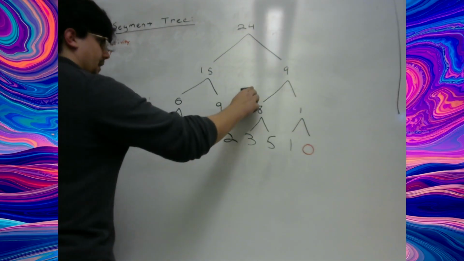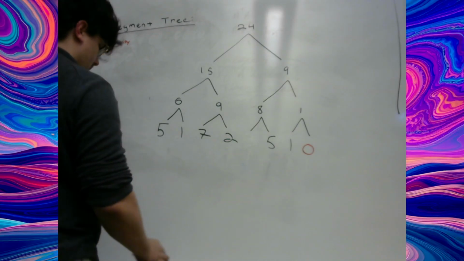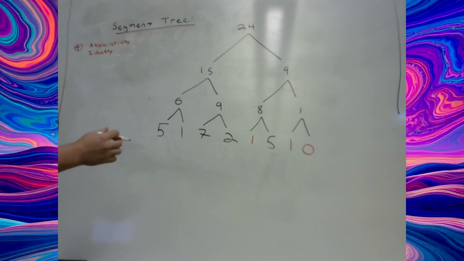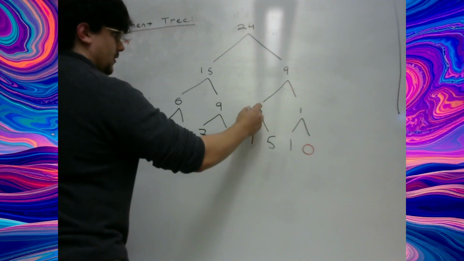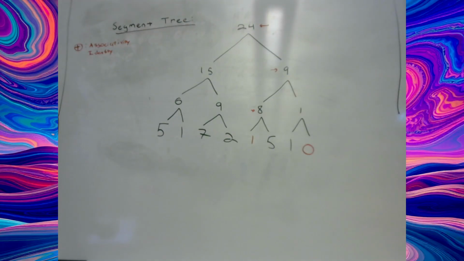Now for an update, the way that it works is that when you change a value, so let's change 3 to 1, clearly all the intervals that contain the 1, so that will be this guy, and this guy, all need to be updated accordingly, right?